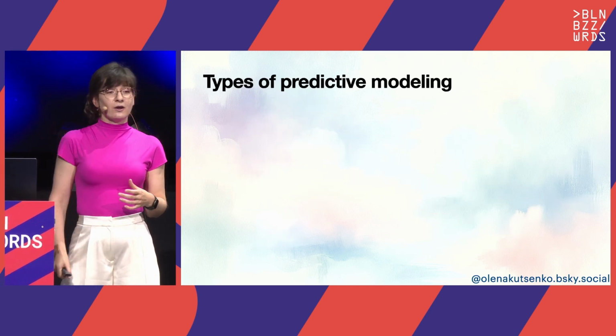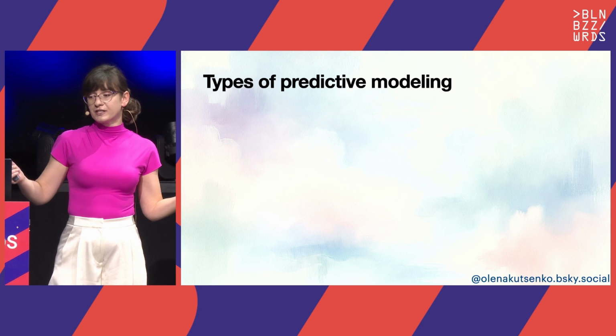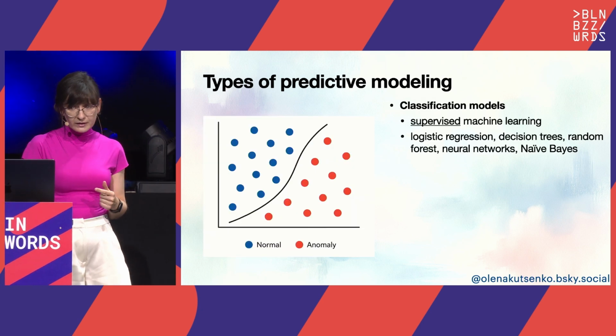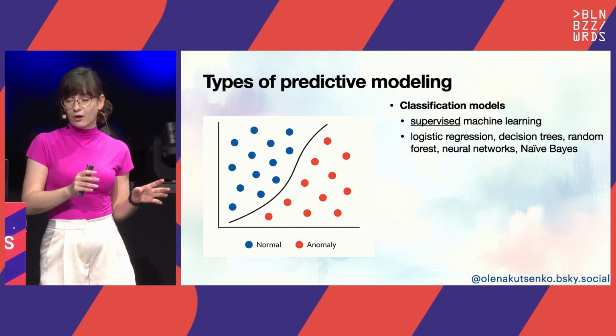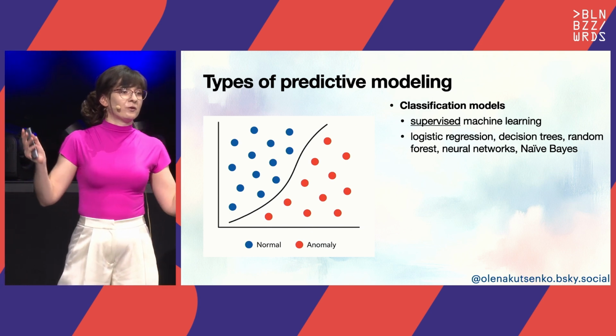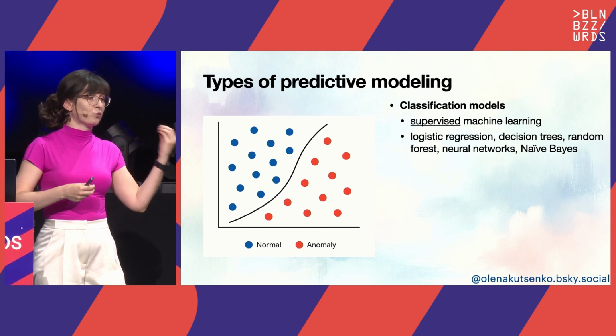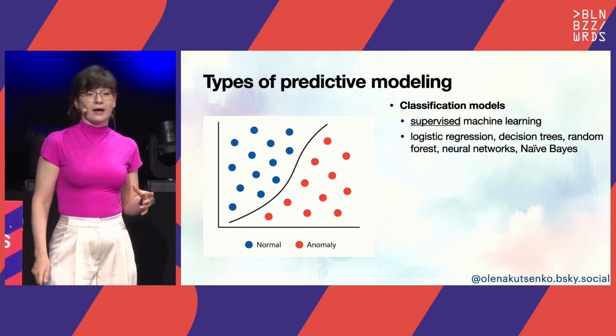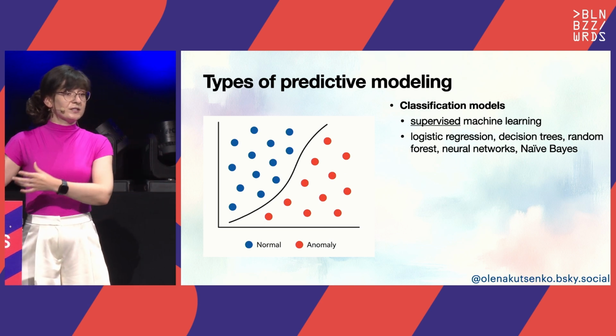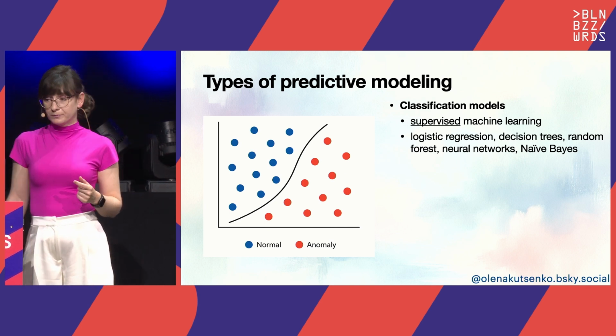And there are different ways how we can approach the predictive modeling. We can use statistical supervised models which rely on the labeled data set. It's where we train the model, we give some information, what is anomaly, what is not, and then those models help us to determine whether the new instances are anomalies or not.